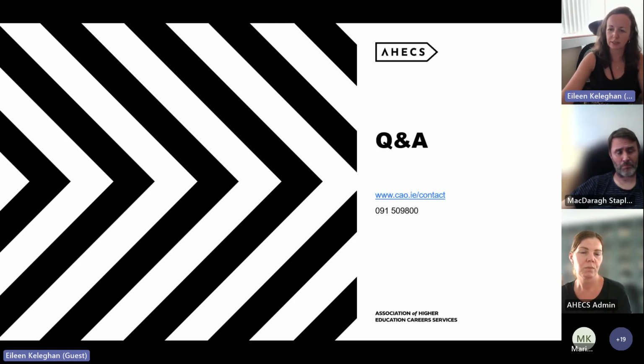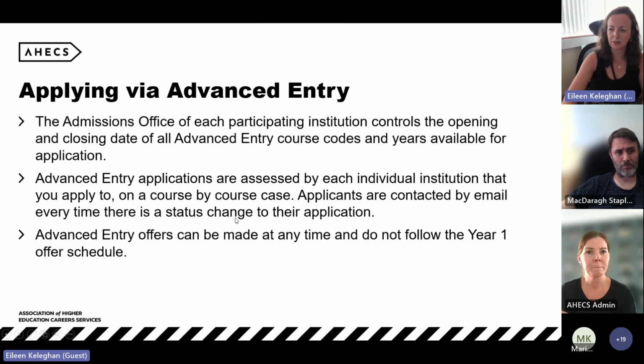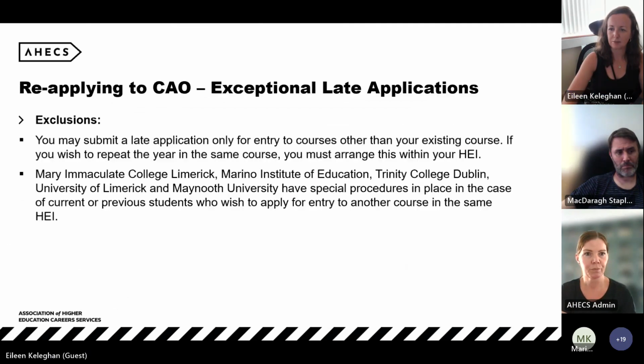They were one of the ones that came up in the, I'm just going to go back a slide or two. Yes, Maynooth University has special procedures for current or previous students who wish to apply for entry to another course. There are just 5 institutions that have those special procedures. Okay, thank you.